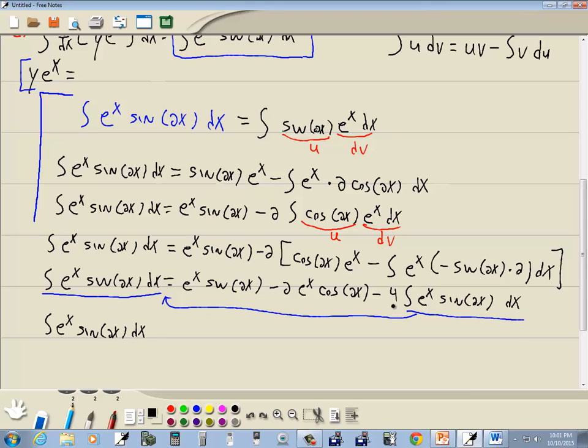Now the negative 4 goes along with it, so it becomes a positive 4 integral e to the x sine 2x dx equals, and then this remains. So I got e to the x sine 2x minus 2 e to the x cosine 2x.